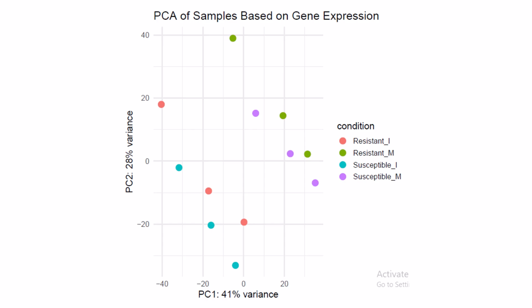The percentage values on PC1 and PC2 represent the proportion of total variance explained by each principal component. Since PC1 explains the largest variation, the clear separation along this axis indicates the infected condition is the major source of expression differences.